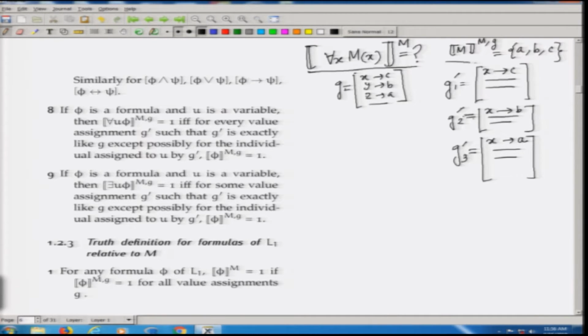We know the structure of M with respect to the model M and G, that is, all the three individuals A, B and C do belong to the denotation of M, and we checked that for G, because all three value assignments G prime 1, which is basically G, and G prime 2 and G prime 3, all of them make this Mx. With respect to all of them, this was 1. That is why we decided that this also must be 1.